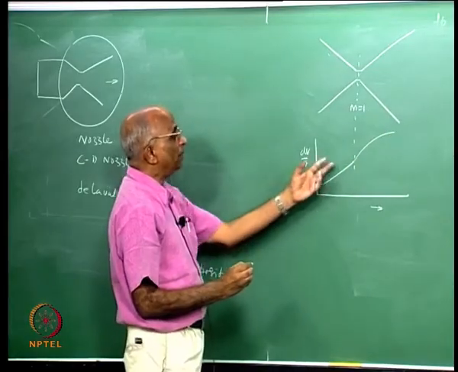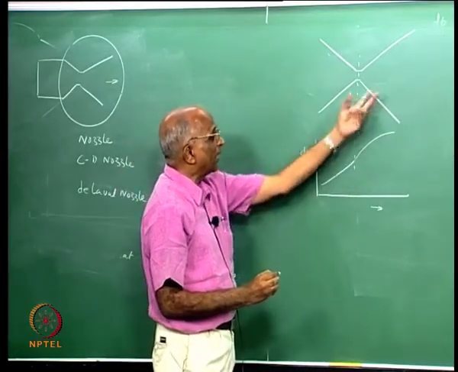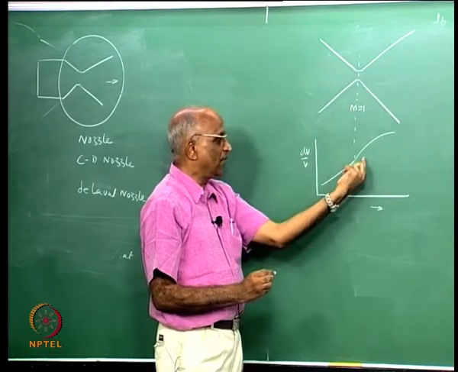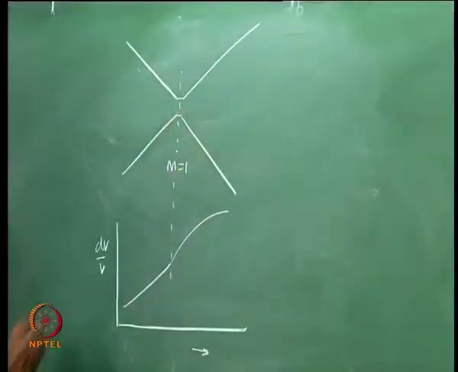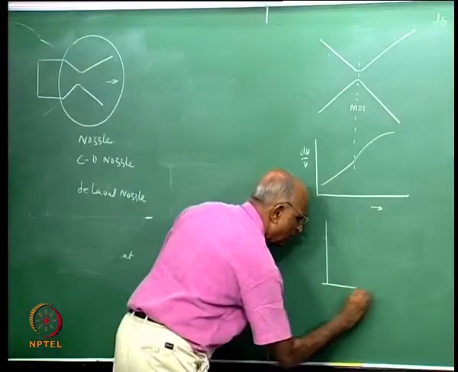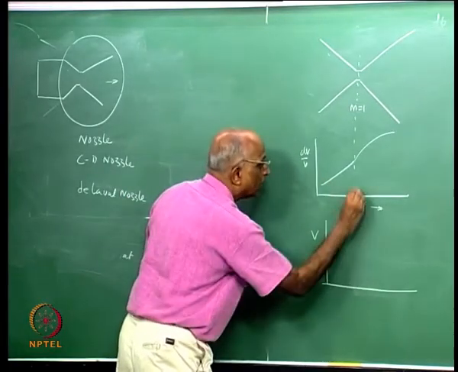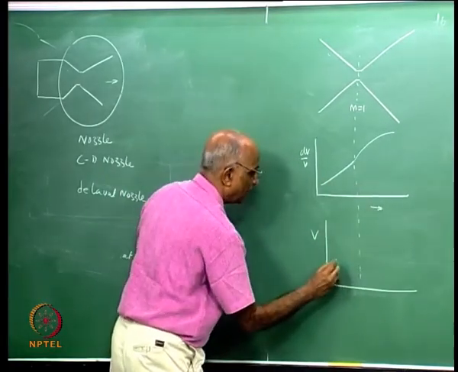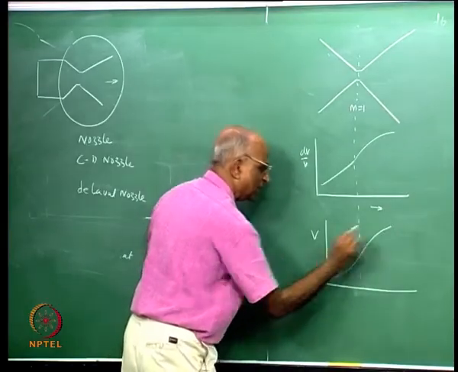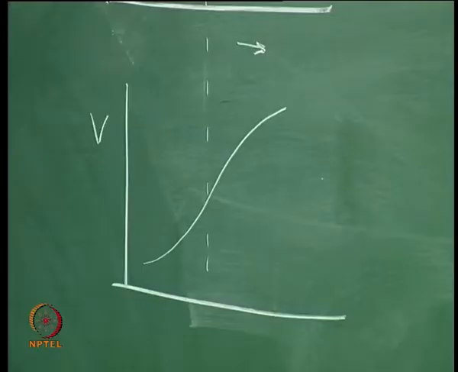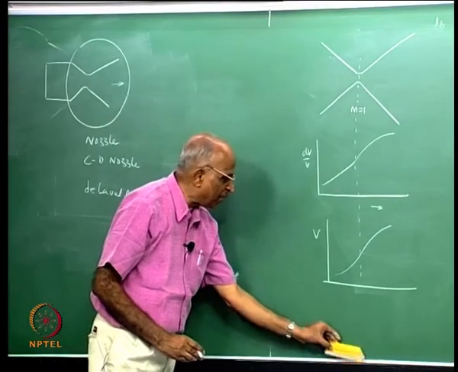Because Mach number is 1, the characteristic of the equation changes, M squared minus 1 becomes negative, and therefore dV by V is like this. If dV by V is like this, the value of velocity would also keep changing, and maybe the velocity increases like this. If the velocity increases, what is going to happen to the pressure or the density?